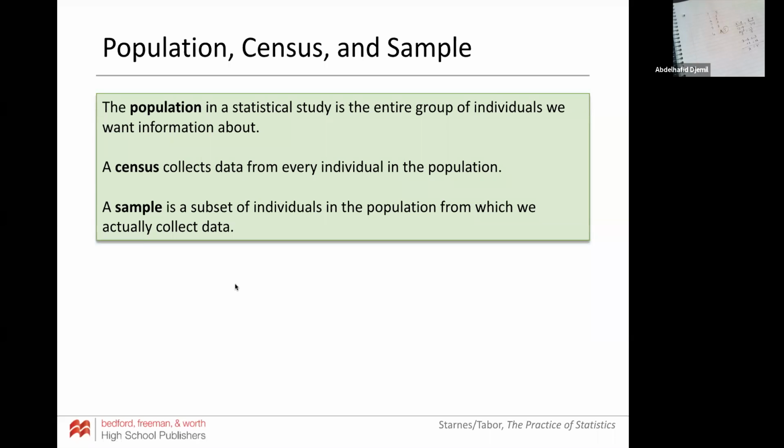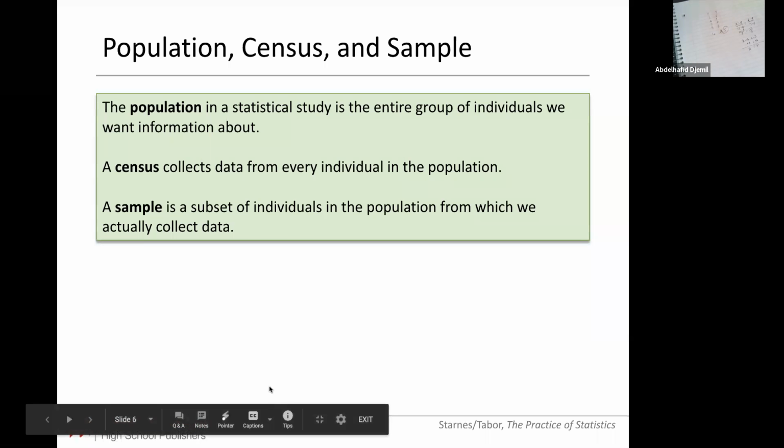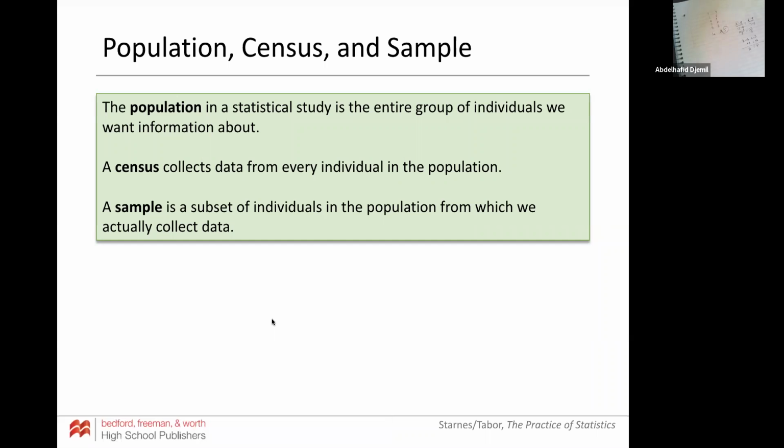We cannot ask every single person about who's going to be winning, but we're going to be taking a sample from the population of the United States who are eligible to vote. And from that sample, we make an inference or a decision about the whole population, whether the whole population will be voting for Trump or for Biden.